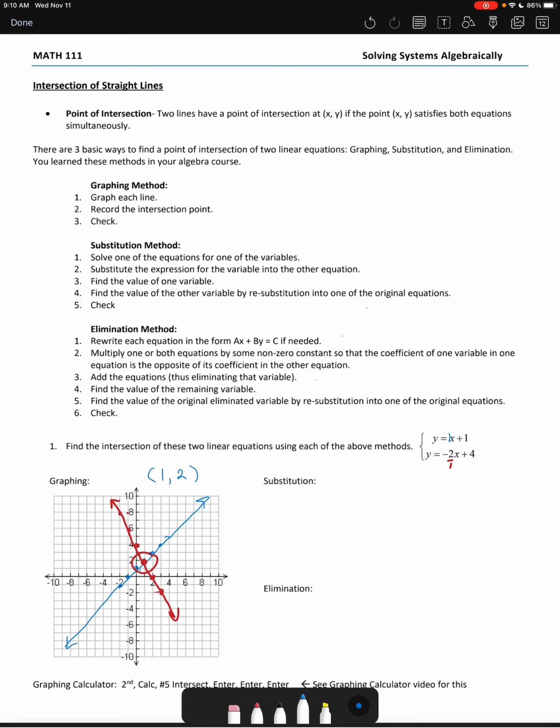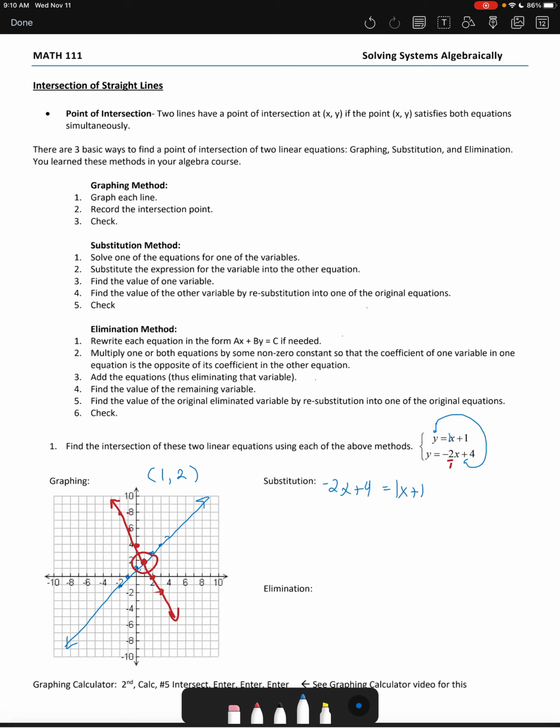If I have the equation y equals x plus 1 and I replace this y right here with this entire equation, because that's another thing that y is equal to, then what we end up getting is negative 2x plus 4, because that's a y, is equal to this other y equals 1x plus 1.